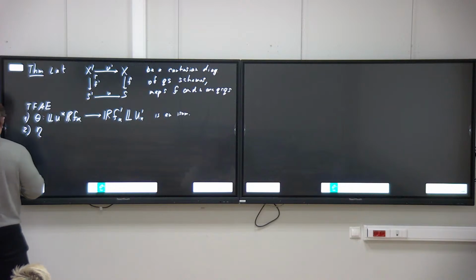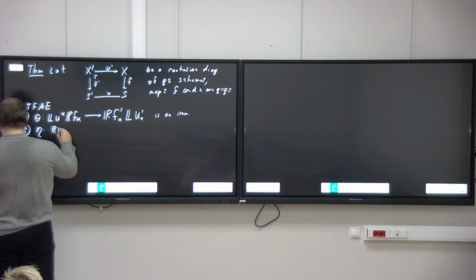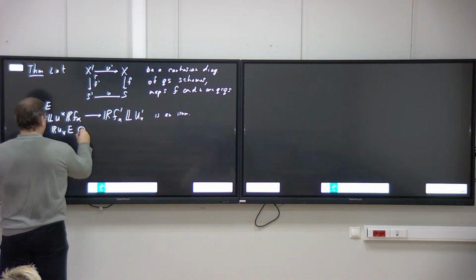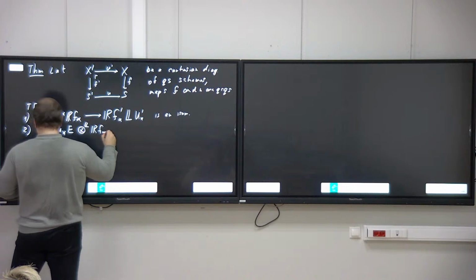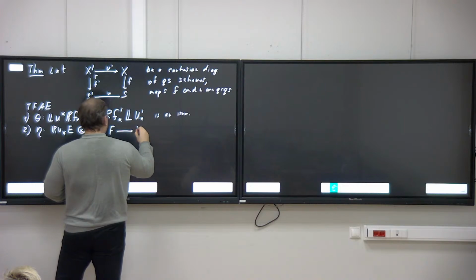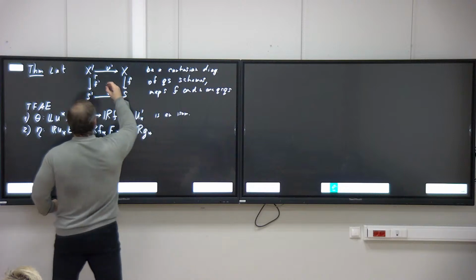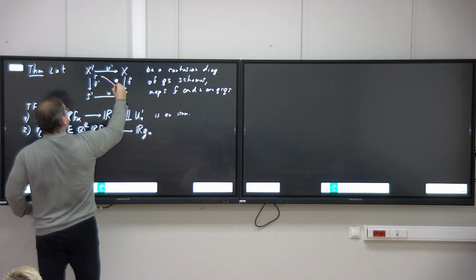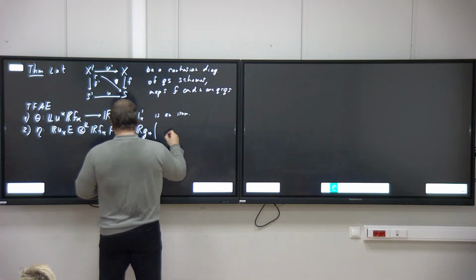So the second condition was the unit map. I called this map eta, which was the map from the tensor product of the push forward along u of some object E, tensor product the push forward along f of some object F. So there is a kind of canonical map that we constructed last time, to the push forward along g. Remember that g is the composition of any of these two maps. So push forward of the tensor product of the two pullbacks.